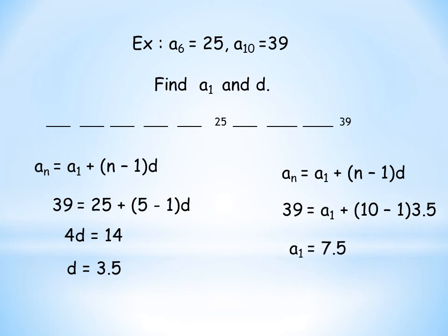Go ahead and solve this equation for A1, and you know your first term is 7.5. You can check to see if this makes sense by simply saying 7.5 plus 3.5 is 11, plus 3.5 is 14.5, plus 3.5 is 18, plus 3.5 is 21.5, plus 3.5 is 25. So that makes sense.